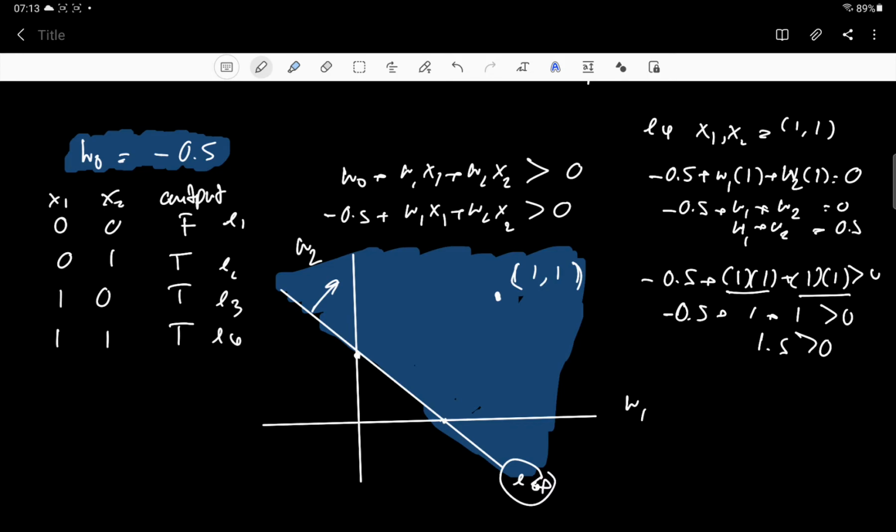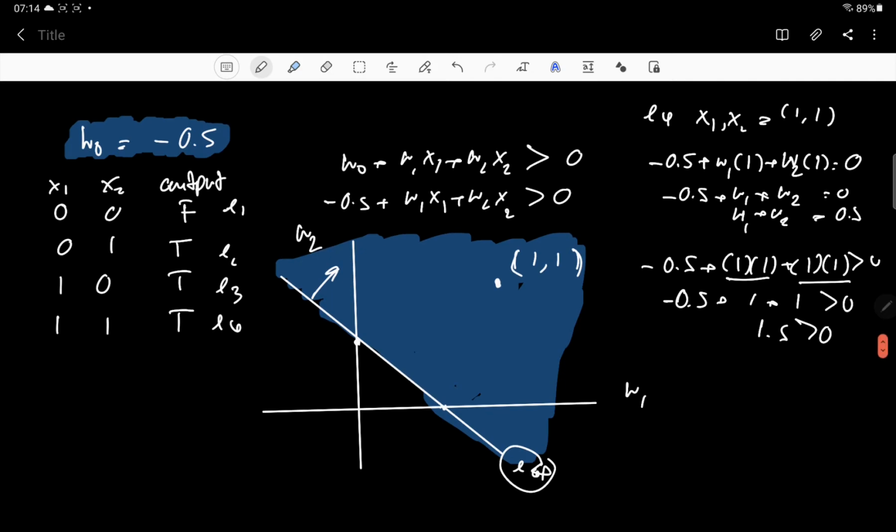Okay, so next. If we use the arrow, guys, take a look at this. If we use the arrow to tell that this part will classify an example as positive, we need the area on the same side as the arrow, right? For all E2, E3, and E4.